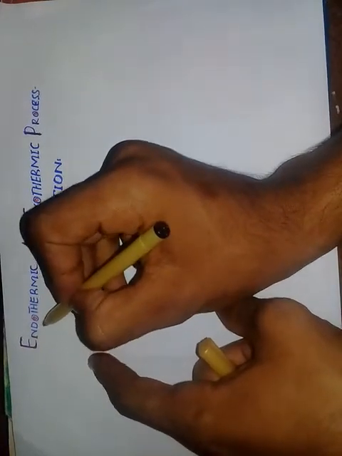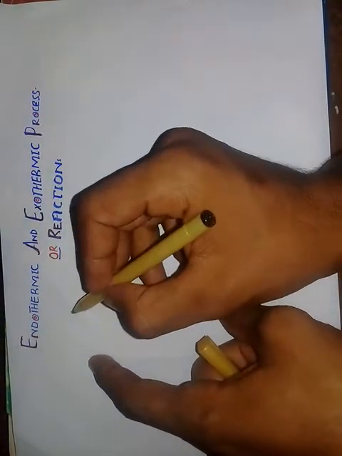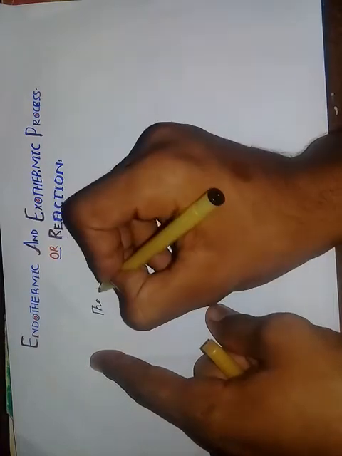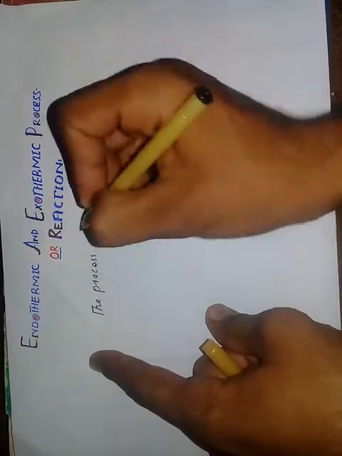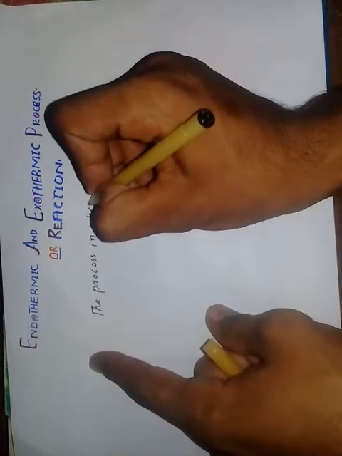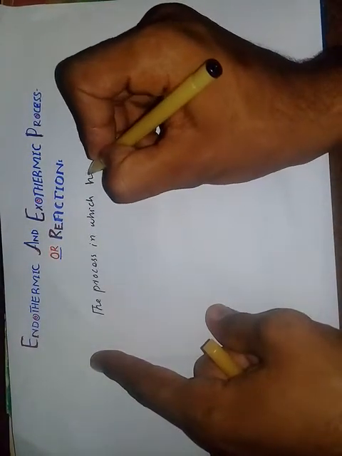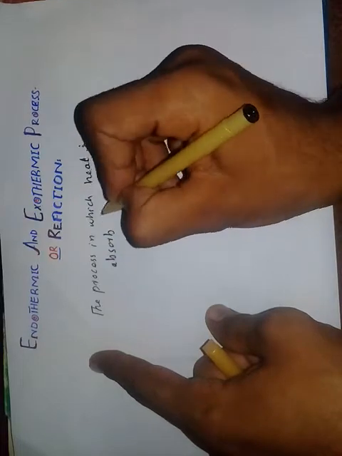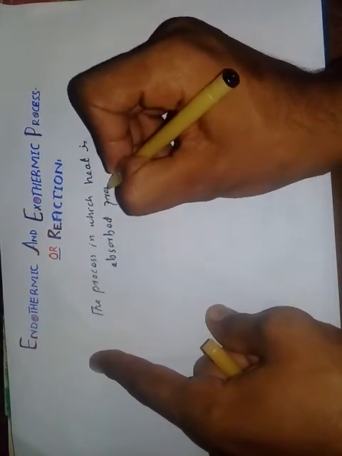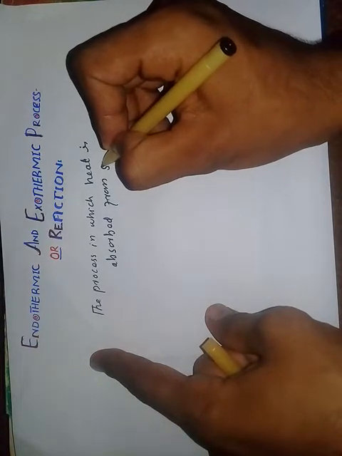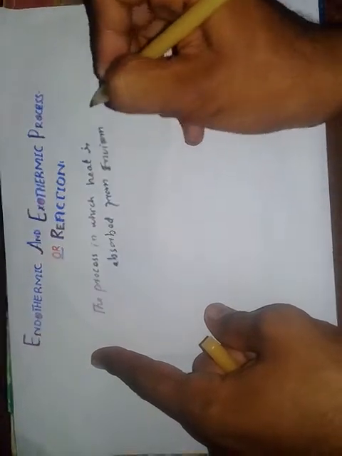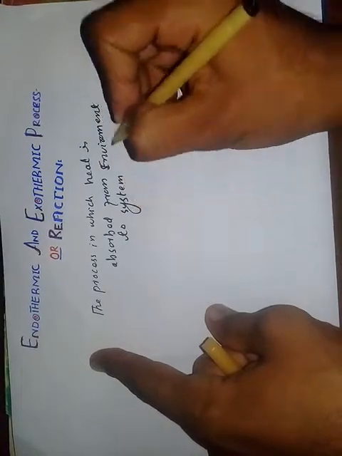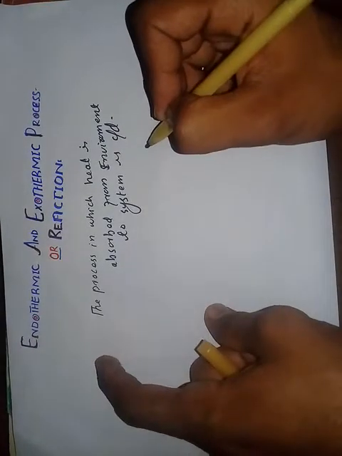Endo means inside and exo means outside. First we discuss endothermic: the process in which heat is absorbed from the surrounding or environment to the system is called an endothermic process.